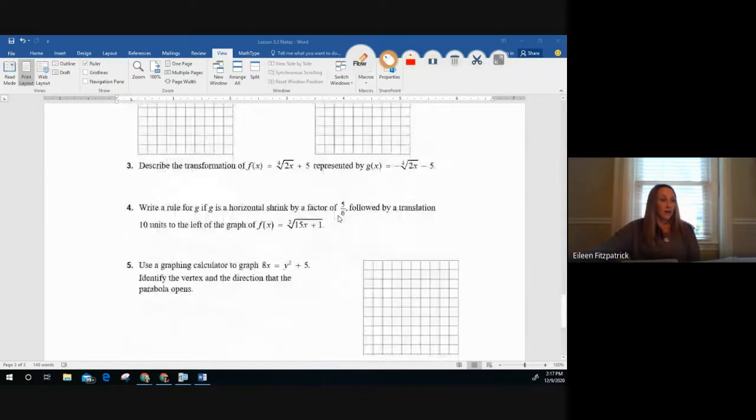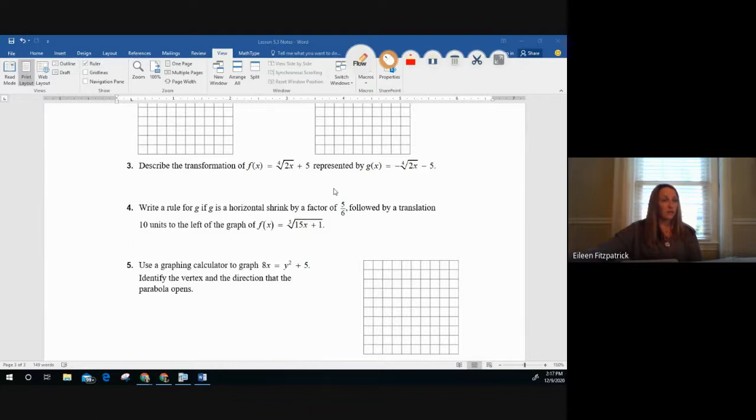All right, it says describe the transformation of f of x equals the fourth root of 2x plus 5 represented by g of x equals -4th root of 2x minus 5. So here is my original, it's not a parent function, but here is my original graph. Here is my new. What happened?